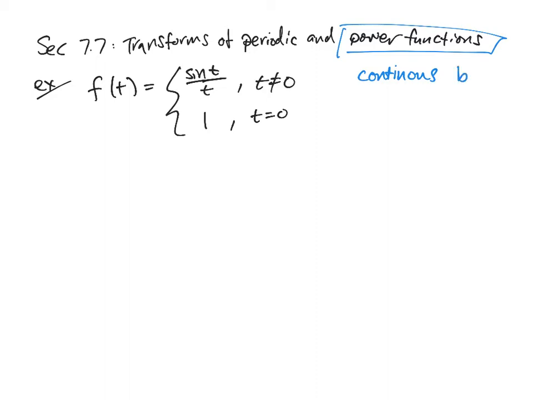But it is, in fact, continuous, because if you think about the limit as t goes to 0 of sine t over t, you can use L'Hopital's rule on this, and this actually equals 1. So even though you can't plug in sine of 0 over 0, it's still approaching 1, and so this makes sense as a continuous function.